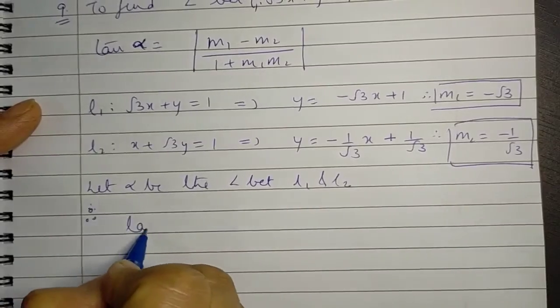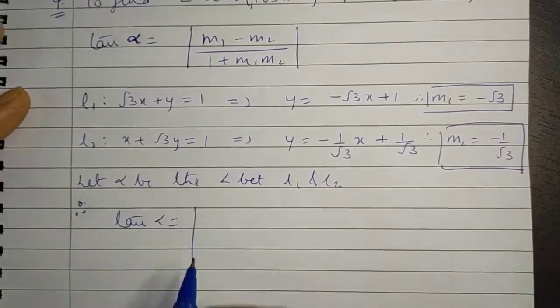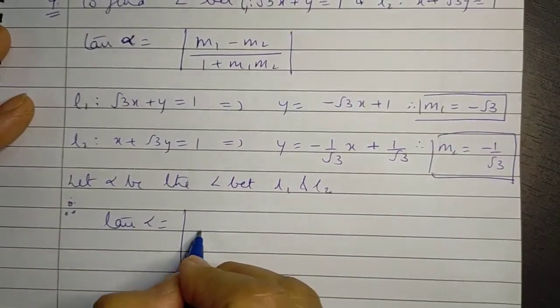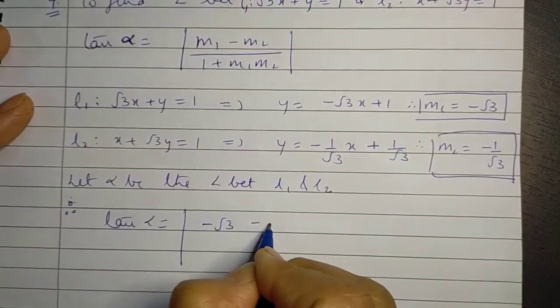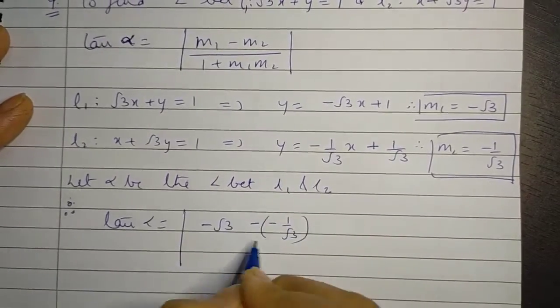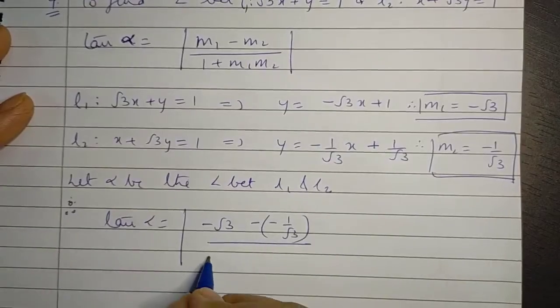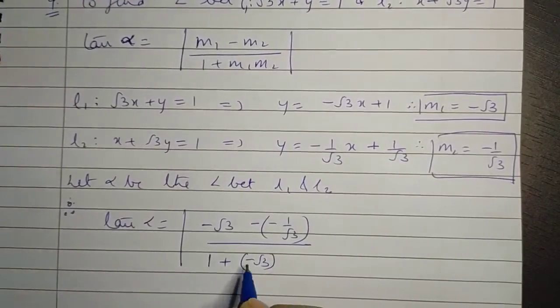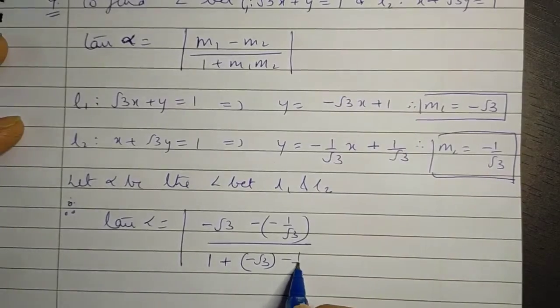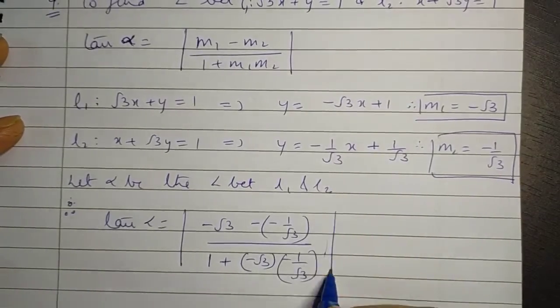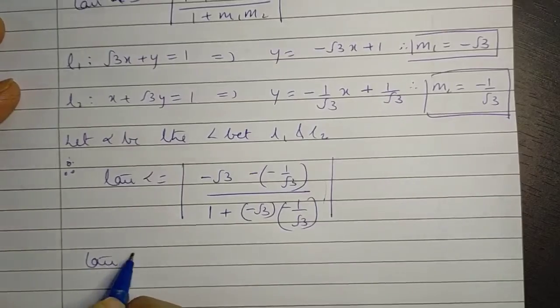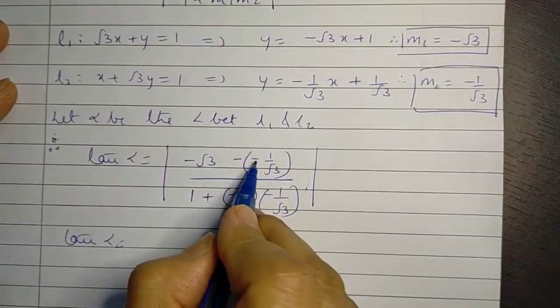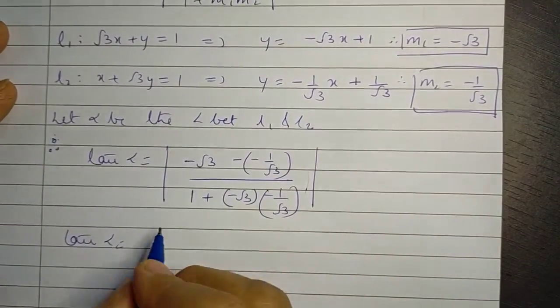Therefore tan alpha equal to modulus of m1 minus m2, that is minus root 3 minus of minus 1 upon root 3, whole upon 1 plus m1, that is minus root 3, into m2, that is minus 1 upon root 3. Solving, we get tan alpha is equal to, this minus and minus gets cancelled. Let's take the LCM.